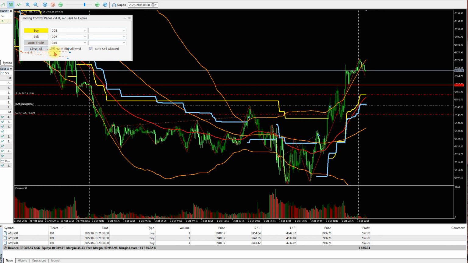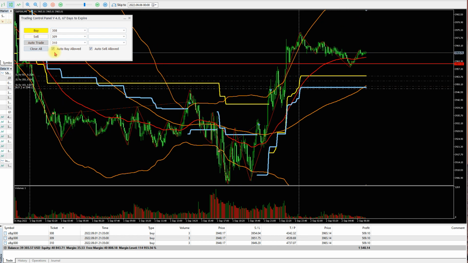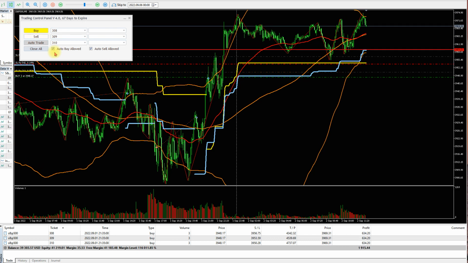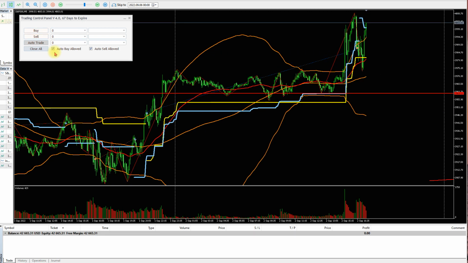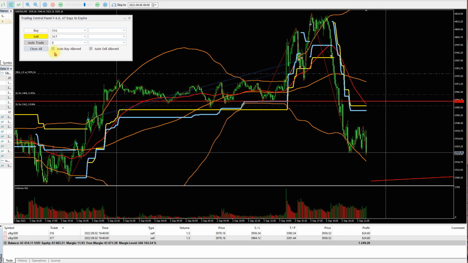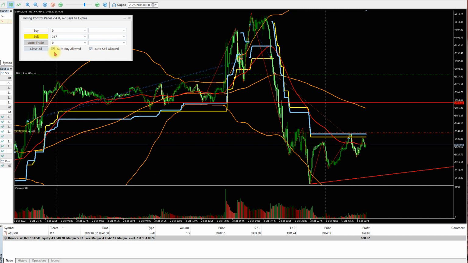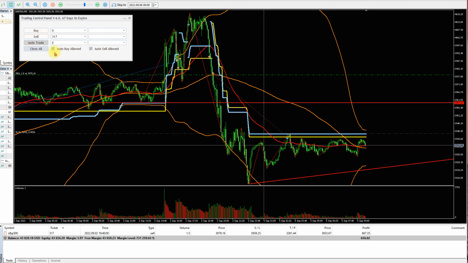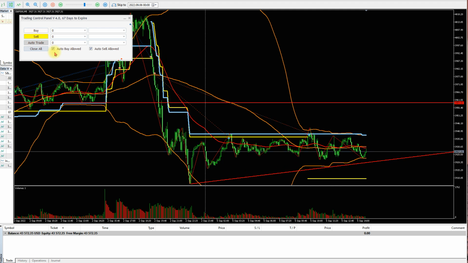Different numbers require different optimization. It can also be optimized, but what I found is that indexes and futures are more predictable than forex, because the forex exchange rate depends on so many parameters, and it's very hard to predict where it's going.